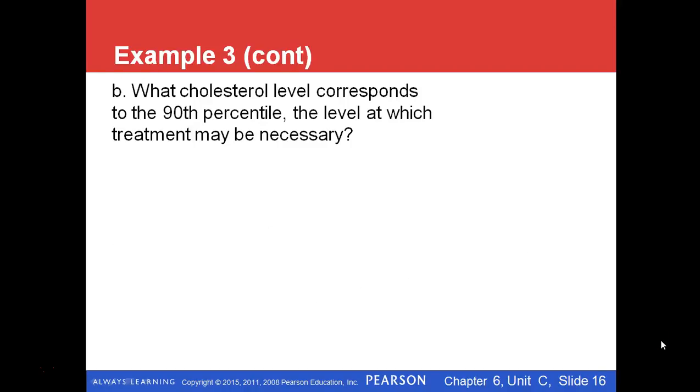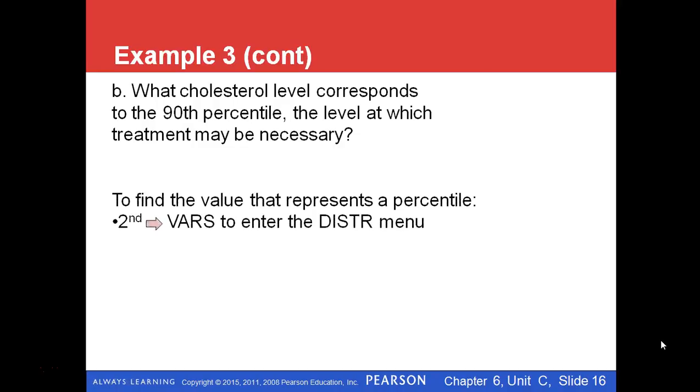Let's look at B. What cholesterol level corresponds with the 90th percentile, the level at which treatment may be necessary? We'll go back to 2nd VARS and enter the distribution menu again. This time we're going to select inverse norm, because I know what percentage of people I want to be higher than. I just don't know what that score is going to be.